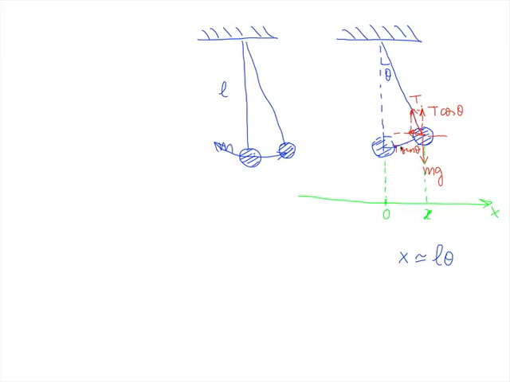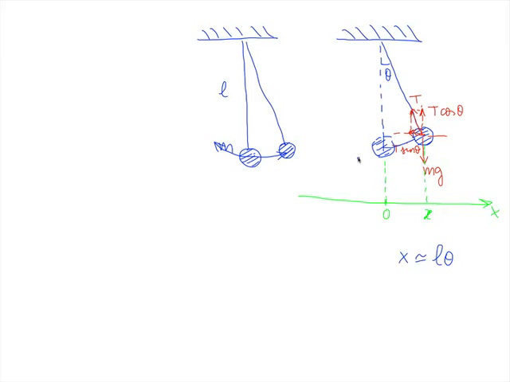We have a small arc here, and the length of this arc of circumference is L times theta, and this length is approximately equal to the horizontal shift, given that the theta angle is very small. So we want to focus on the horizontal movement, and we're going to neglect the little vertical shift that will take place along the oscillation.